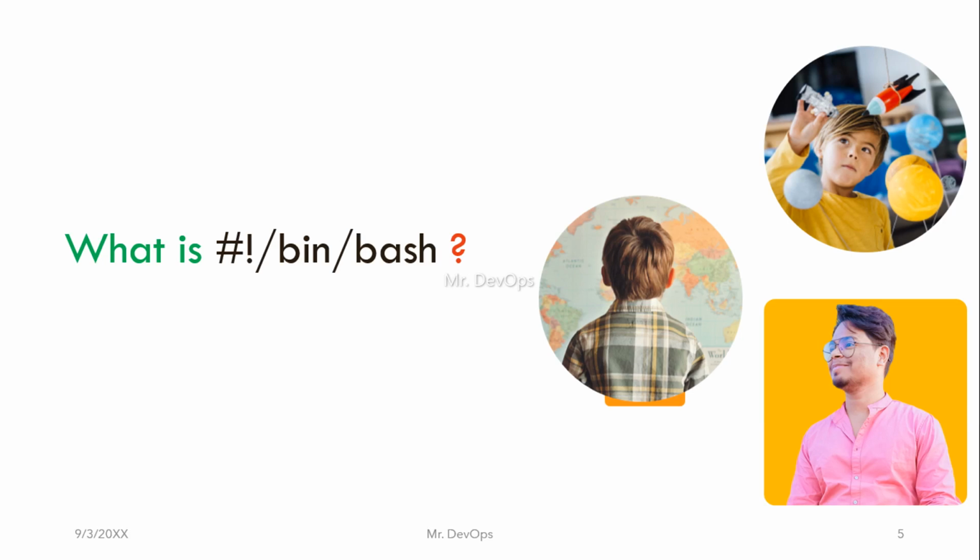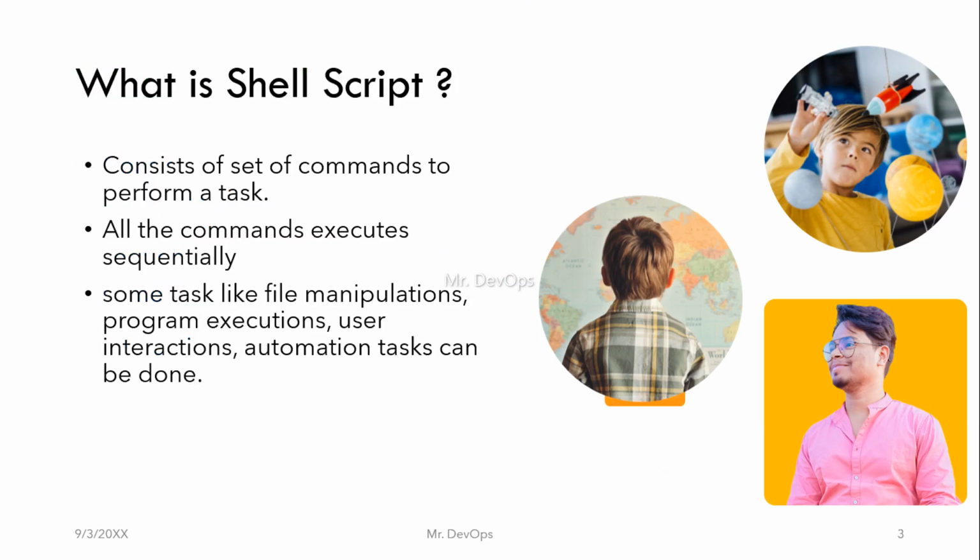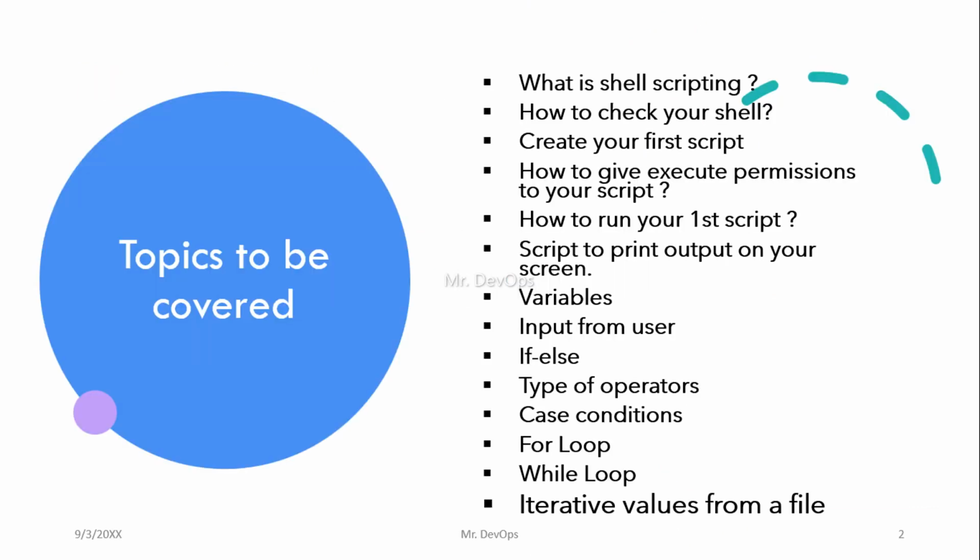So what does it mean? Many types of shell are present out there, but we are telling the Linux system to use this particular shell. We will check the same when we get into our system as well. And this is the type of operators we do have. Let's get started with the topics which need to be covered.